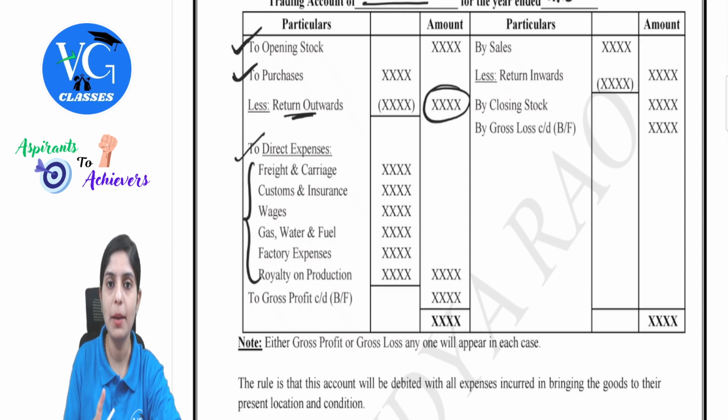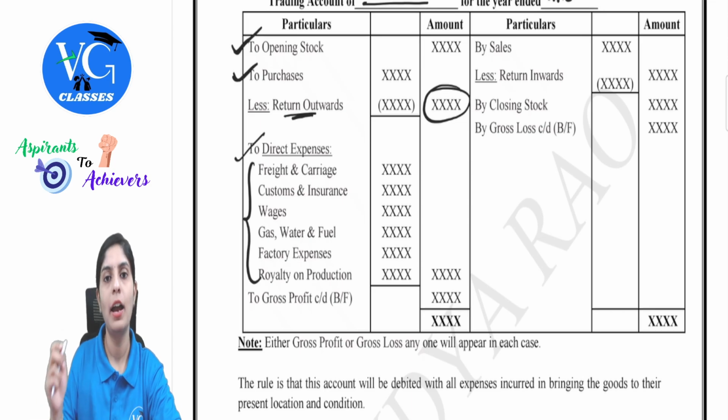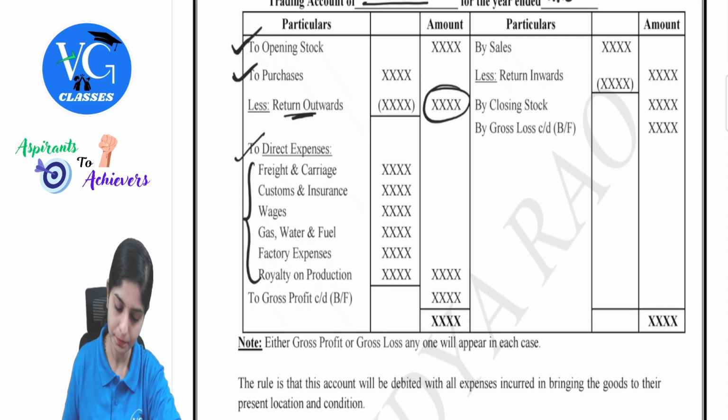It becomes very important for you to follow this particular format, because the trading account will have to reflect all those expenses which are direct in nature, whereas your profit and loss account will record all those expenses which are indirect in nature. Similar to expenses, the trading account will record all direct incomes. Profit and loss account will record all indirect incomes. All right.